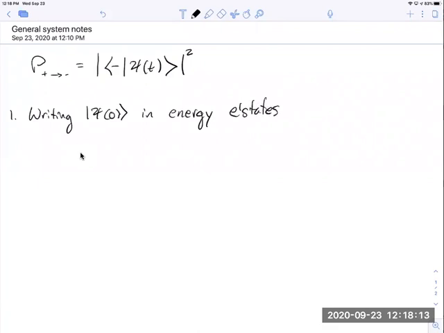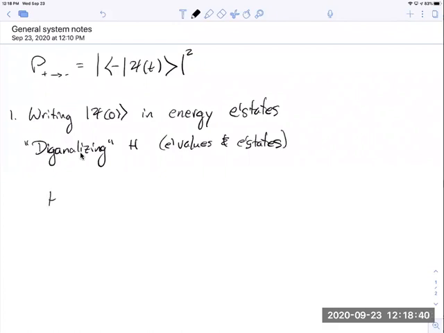But what are the energy eigenstates? Let's start by diagonalizing the Hamiltonian, that is finding the eigenvalues and eigenstates. And from there, we will then figure out the rest.